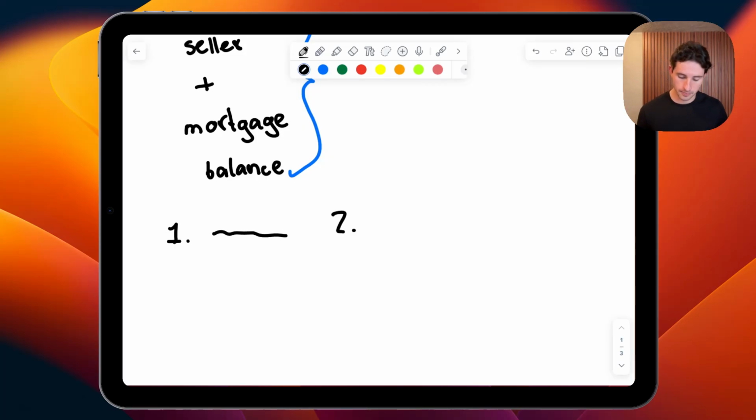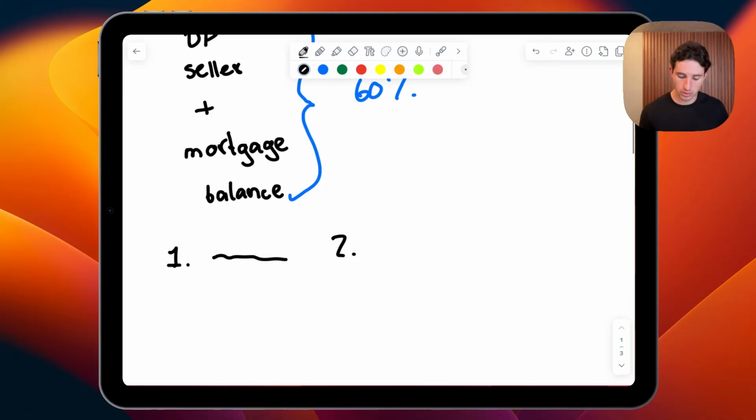Let's say they owe 300k on the mortgage, and the seller tells you, I want $100,000 after paying the mortgage. That means with the loan amount that you get, you pay the mortgage balance and then the seller's down payment.